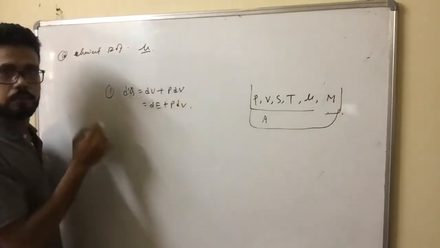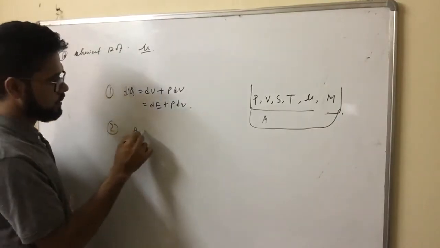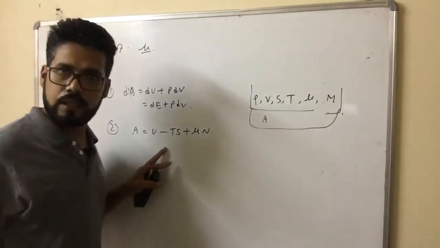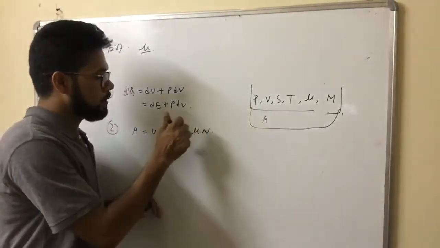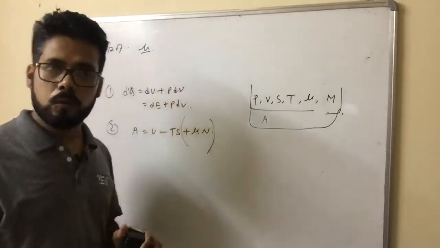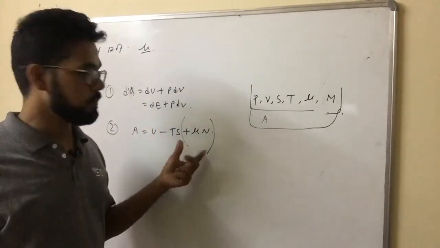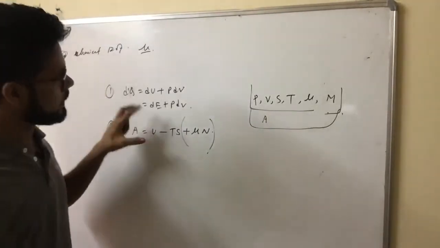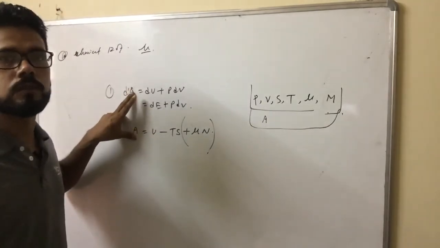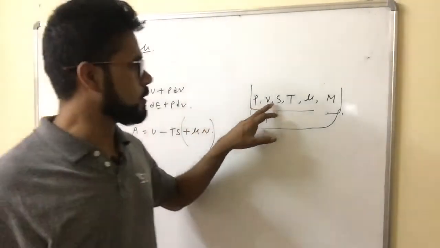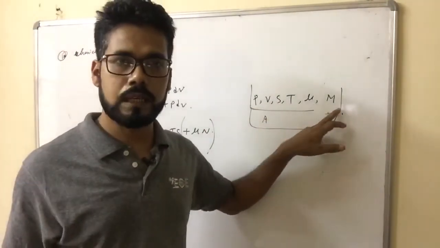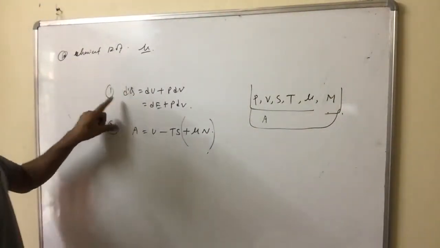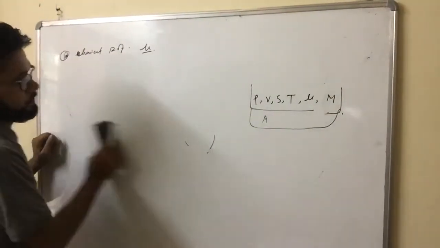Second equation: A equals U minus TS plus mu N. Normally we write A equals U minus TS, but in a grand canonical system you have to write plus mu N. If you remember these two equations, you can calculate pressure, volume, entropy, temperature, chemical potential, magnetization, free energy, all terms. That is why you should focus on remembering these equations for the exam.